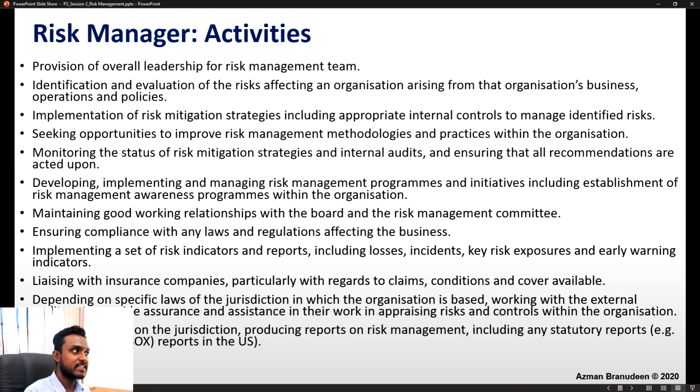The risk manager implements the risk mitigation strategies, including appropriate internal controls to manage identified risks. The risk manager seeks opportunities to improve risk management methodology and practices within the company. Then also monitoring the status of risk mitigation strategies and internal audits and ensuring that all recommendations are acted upon.